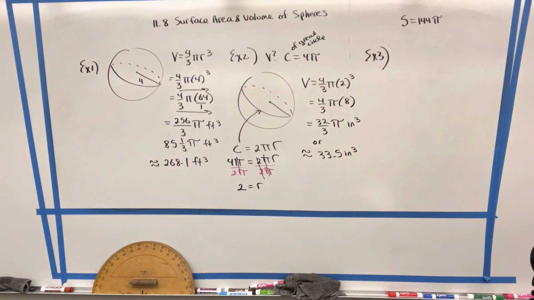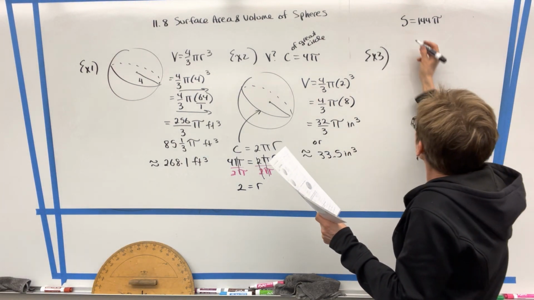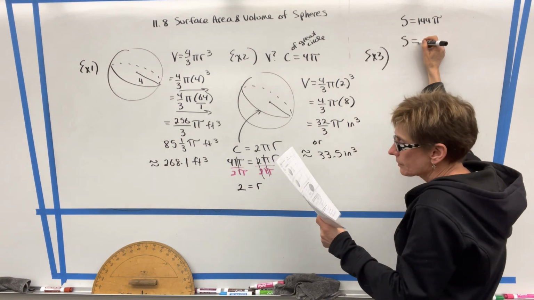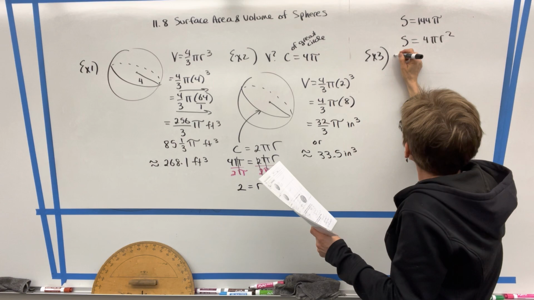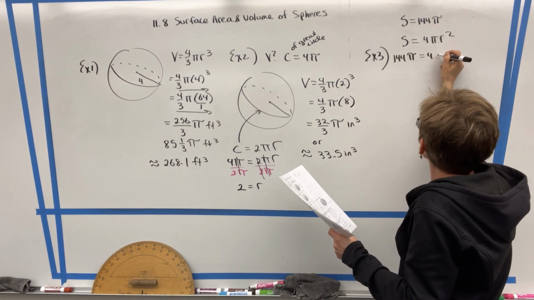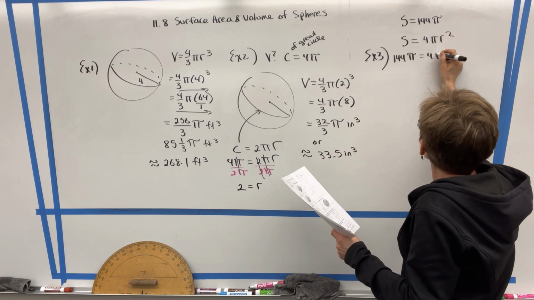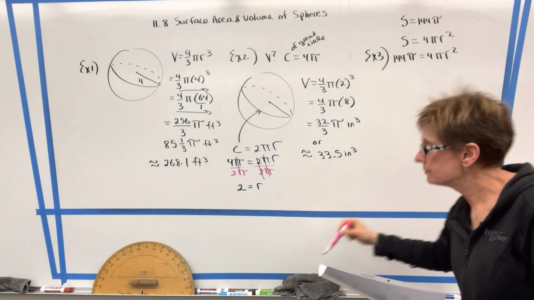In this particular example, in order to find the volume, I am going to have to understand surface area. I know that surface area is 4 pi r squared. So I'm going to put 144 pi in for surface area.